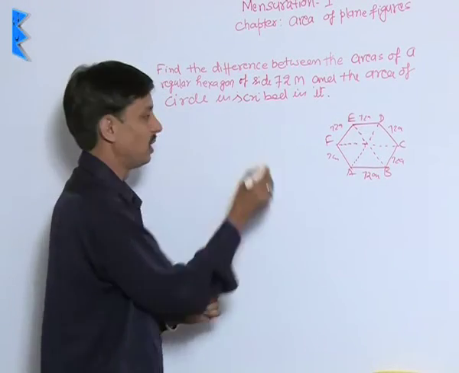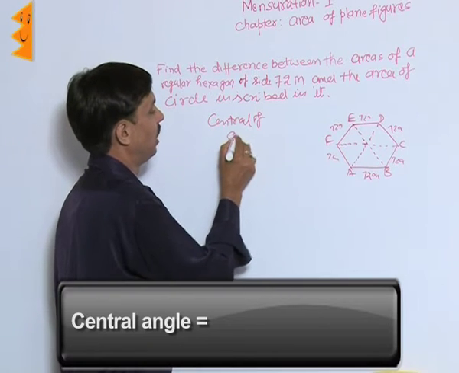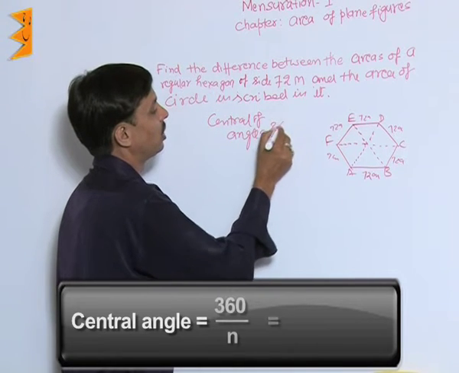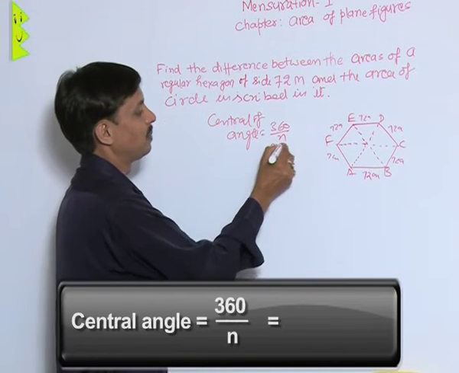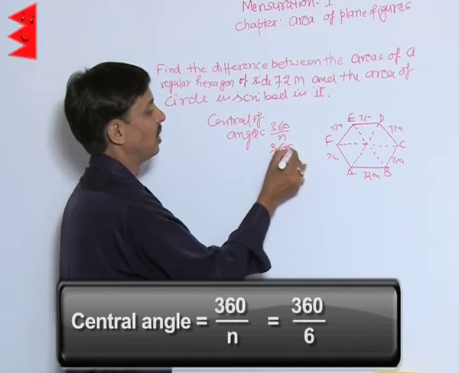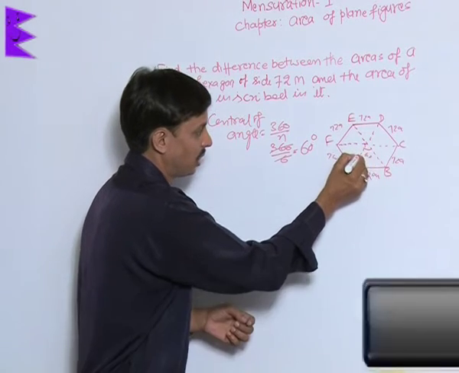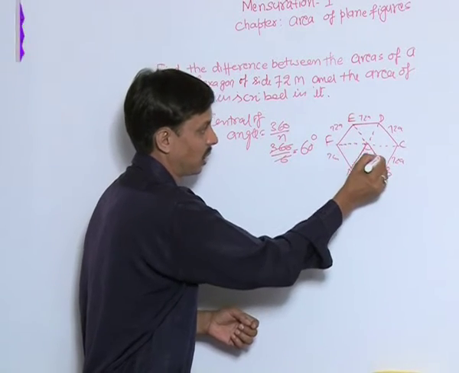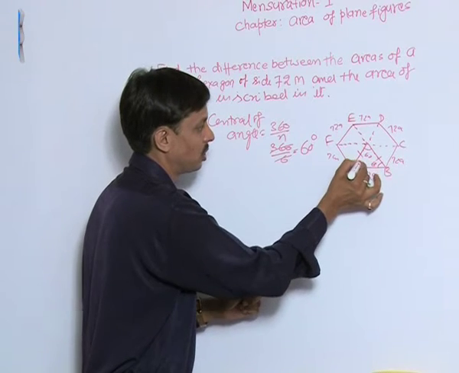Because we know the formula of the central angle is 360 upon n, where n is the number of sides. This becomes 360 upon 6, which is 60 degree. This angle is 60 degree. These two sides are equal because these two angles have to be 60 and 60.